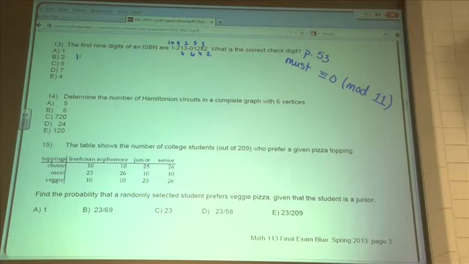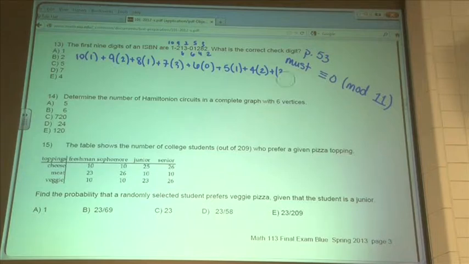We take 10 times the first digit, so 10 times 1, plus 9 times the second digit, which is 2, 8 times the next digit, 1, 7 times 3, 6 times 0, 5 times 1, 4 times 2, 3 times 8, and 2 times 2. All right, punch that into your calculator.